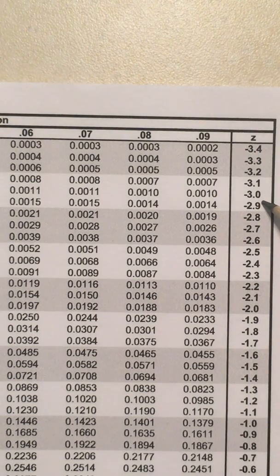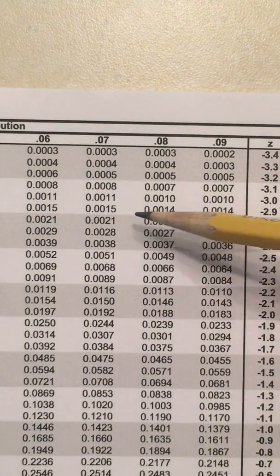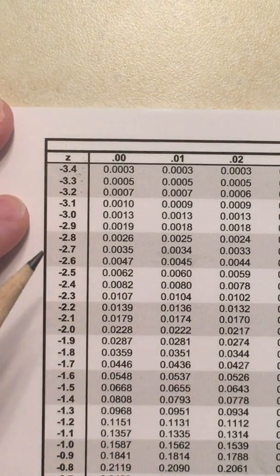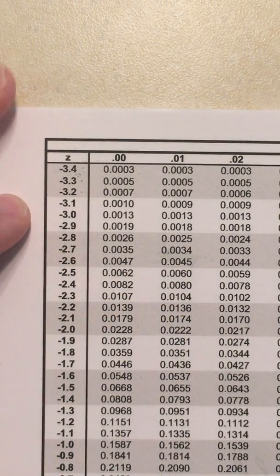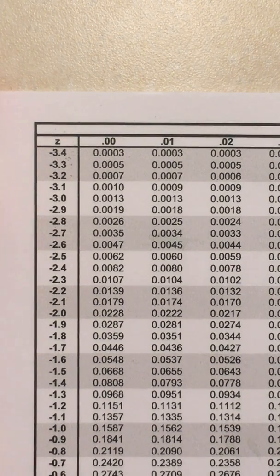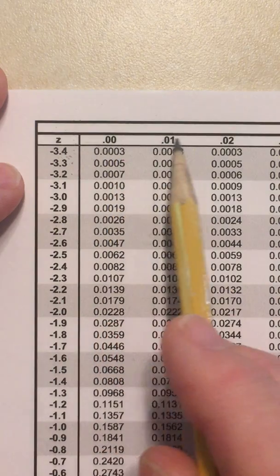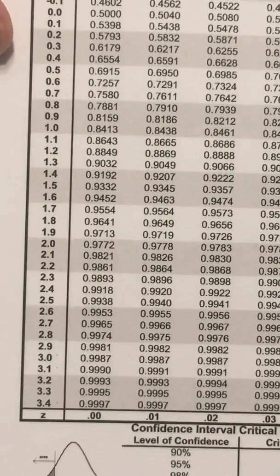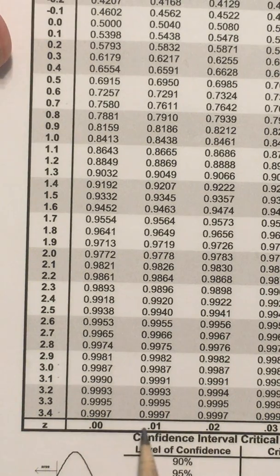Notice that the leftmost column is the same as the rightmost column. So you may enter this table from the right or from the left, whichever is easier for your particular value. Whoever designed this table did a particularly good job. Also notice that the column headings across the top are identical to the column footings across the bottom.